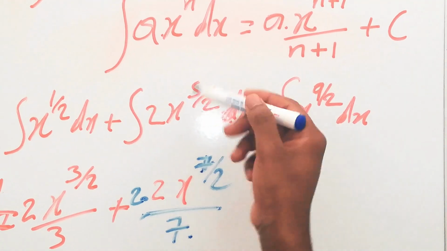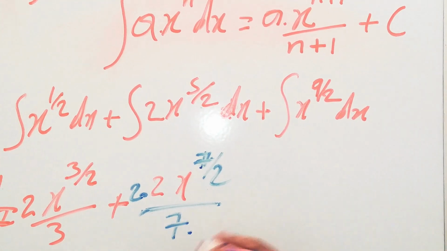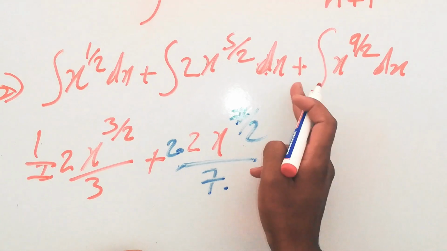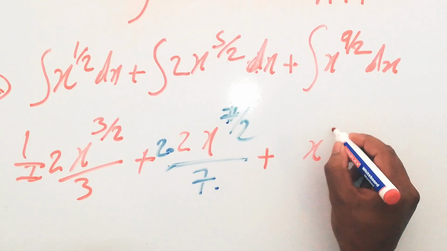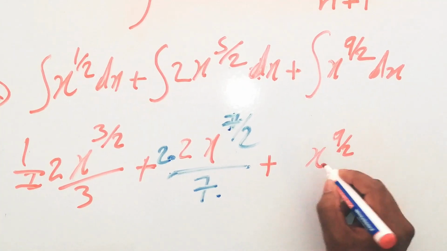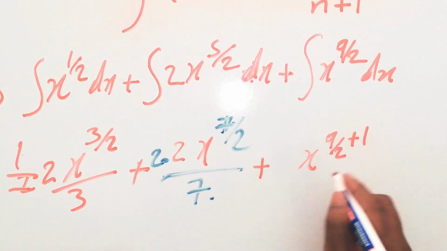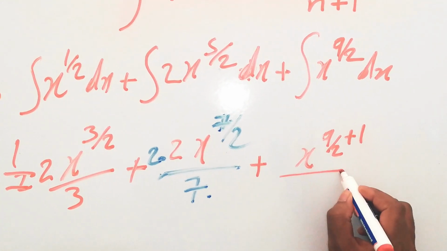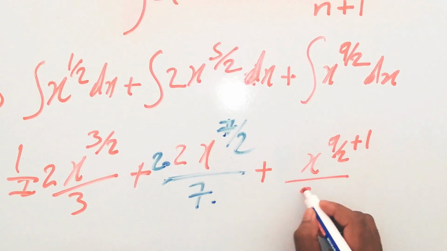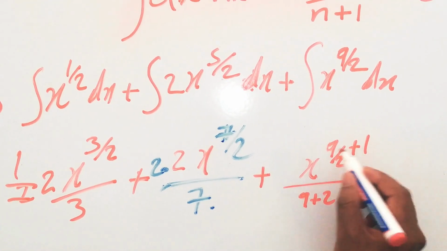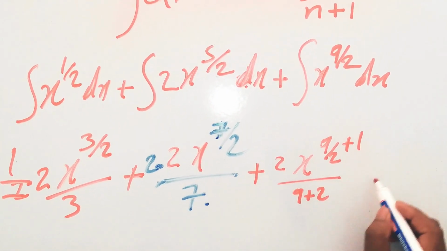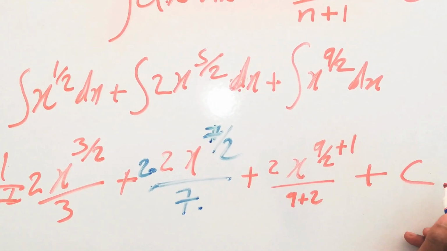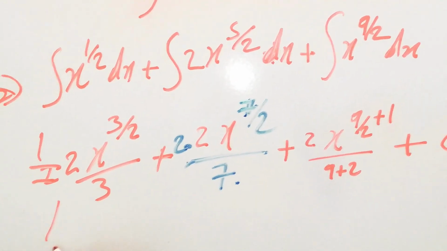Then here I'm going to have x to the 9 over 2 plus 1, which becomes 11 over 2, over 11 over 2, plus c. This is an easy thing that you can do.